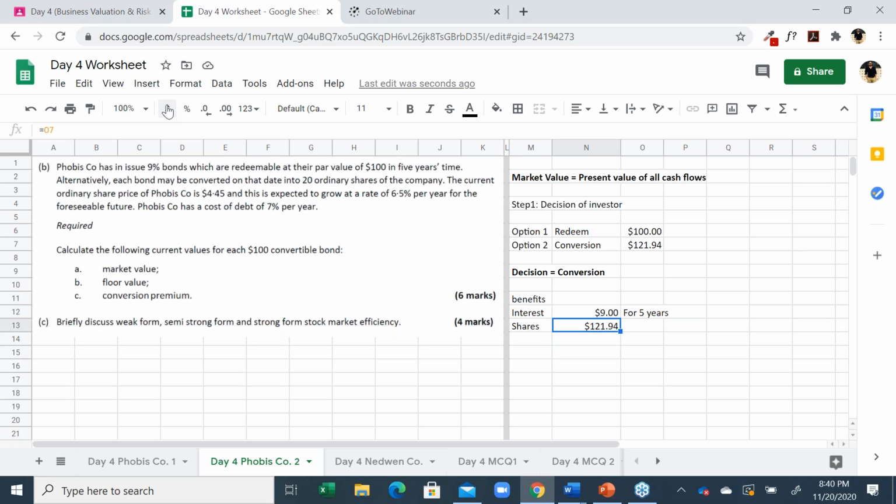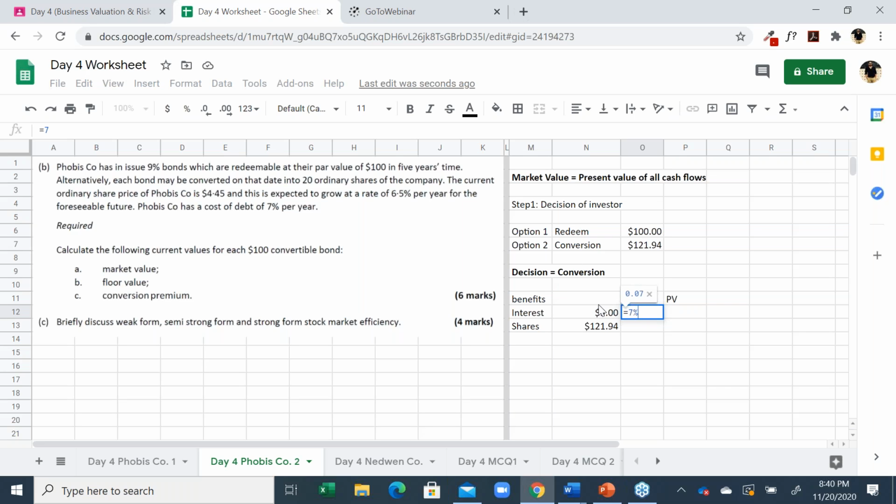So let's calculate the present value of these two. For the present value, we need to multiply this $9 with the annuity factor, and the annuity factor should be taken at the cost of debt. The rate should be 7%.